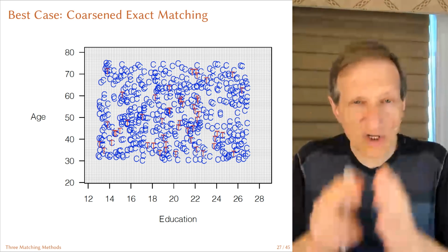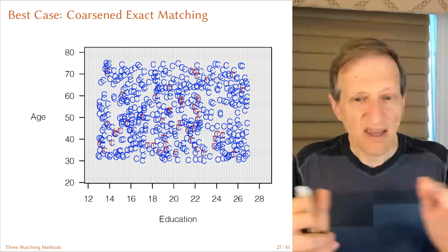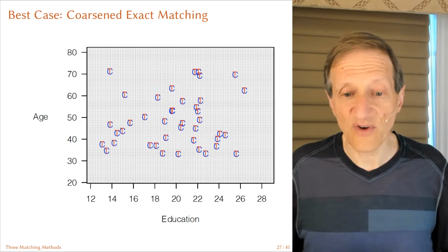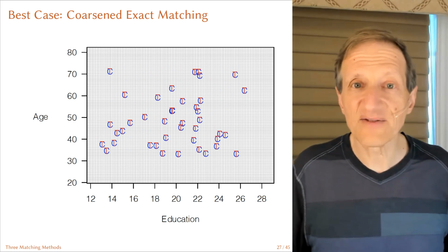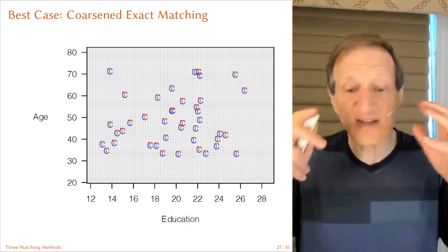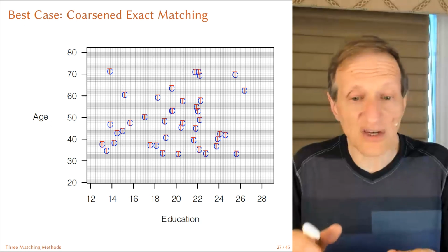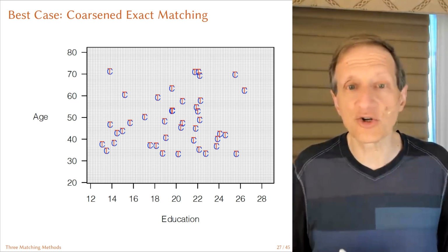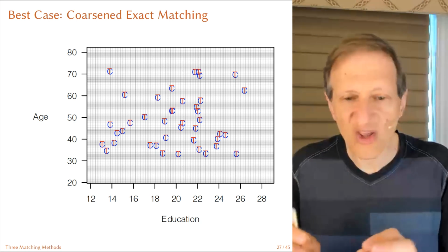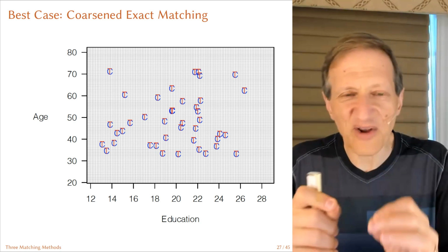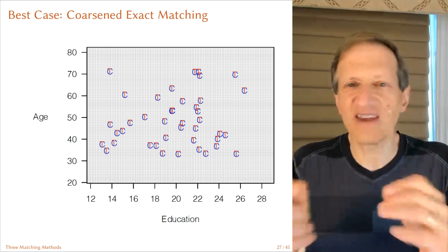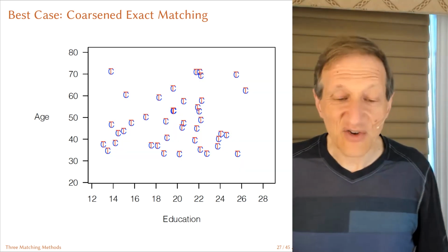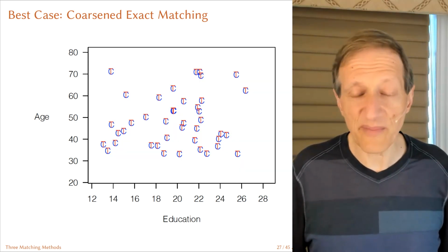And since the coarsening is very, very fine, we can still find it, right? And then that's what the data set looks like. Again, this is a great data set because education and age can't predict whether you're treated or control, because treated and control, each one of them are very, very close to each other. You can't distinguish them. Okay, so that's the data set. That's what would be passed on.